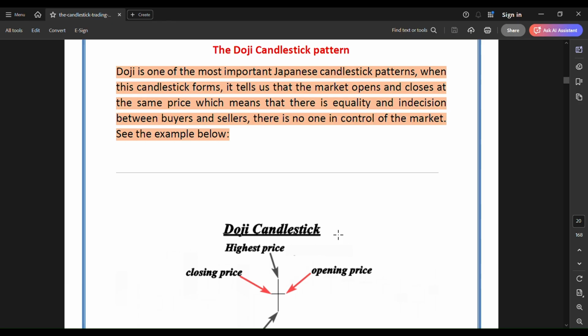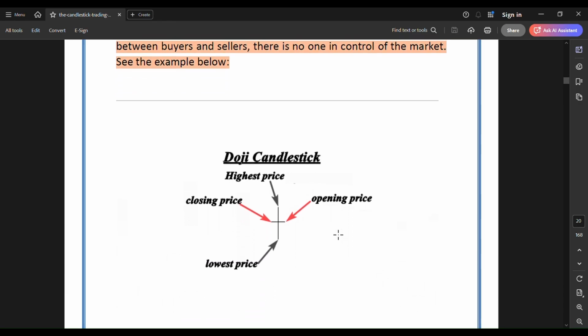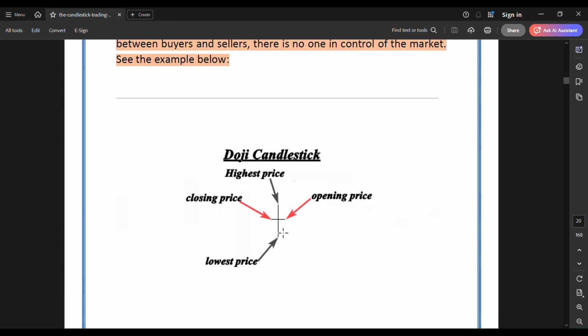So for a pure doji candle, there isn't a body, but there's just a line, and usually it's midway between the top wick and the bottom wick, or the top shadow and the bottom shadow, and then again it indicates indecision.